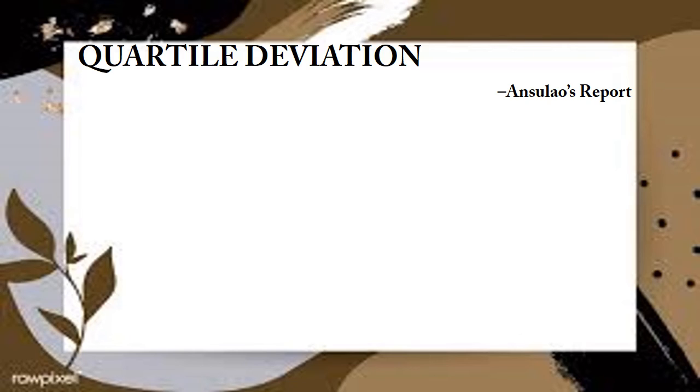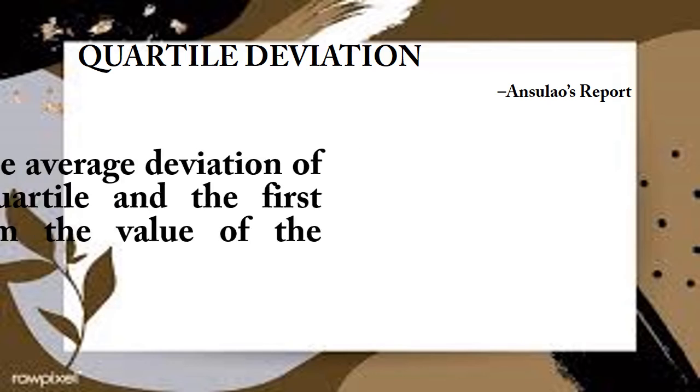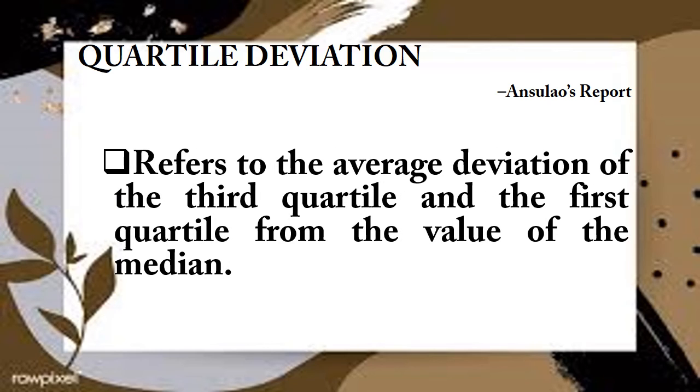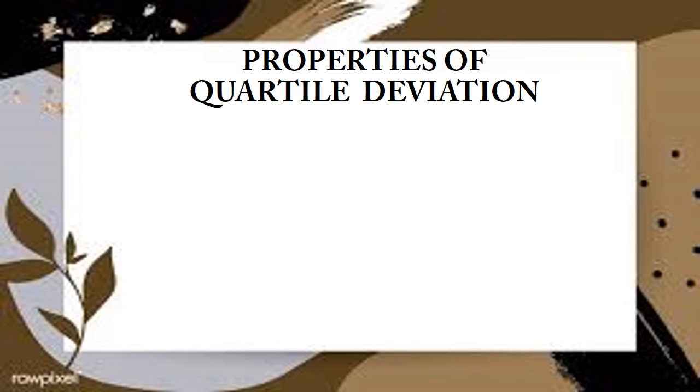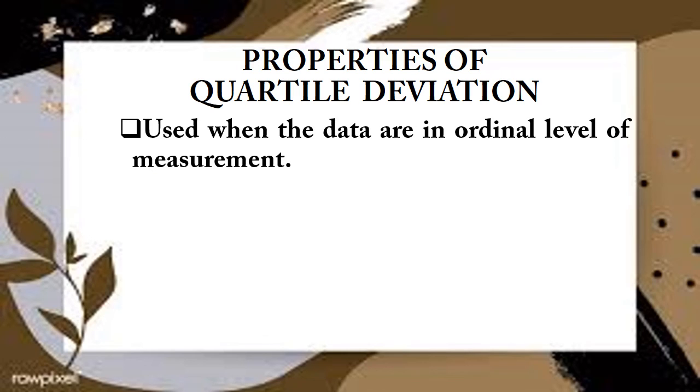Now we are going to talk about quartile deviation. Quartile deviation refers to the average deviation of the third quartile and the first quartile from the value of the median. Properties of quartile deviation. First, used when the data are in ordinal level of measurement.